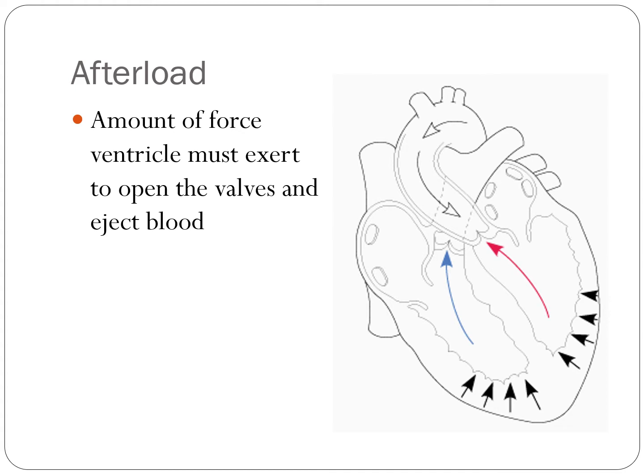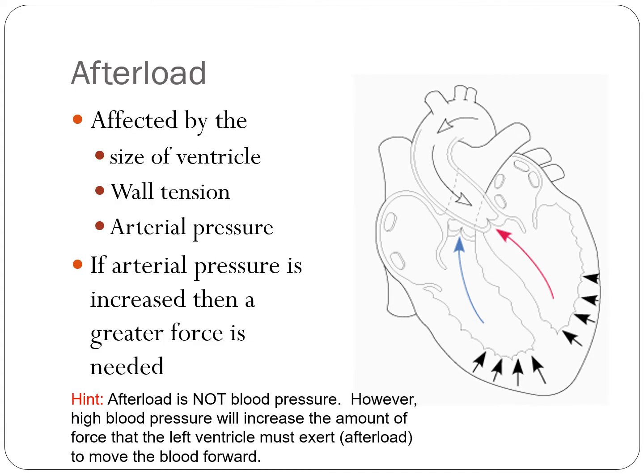As we explained, the afterload is the amount of force that the left ventricle must exert in order to open the valves and move the blood forward in the circulatory system. So this is where we left off.